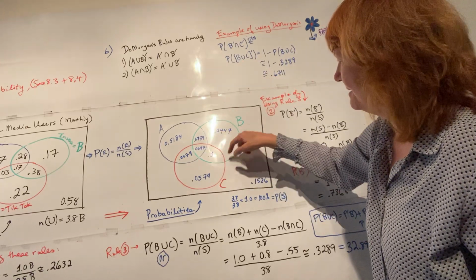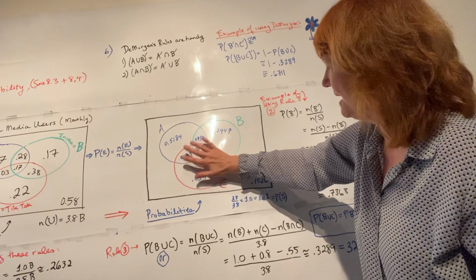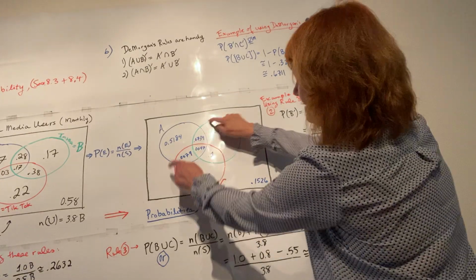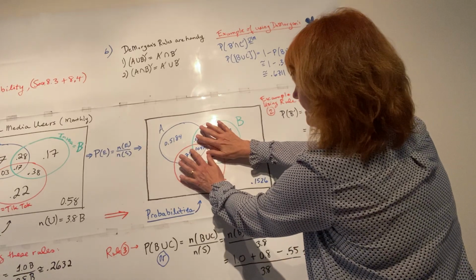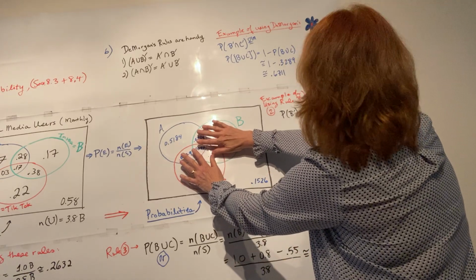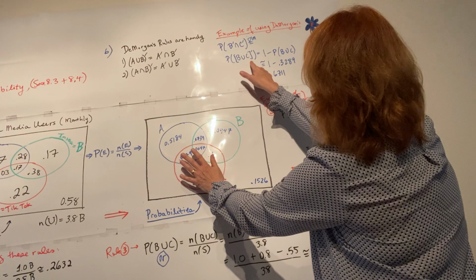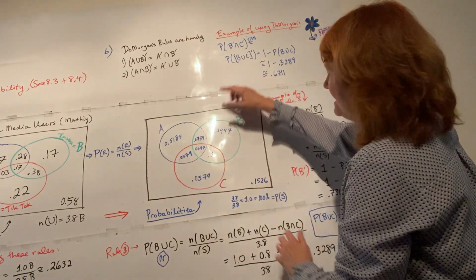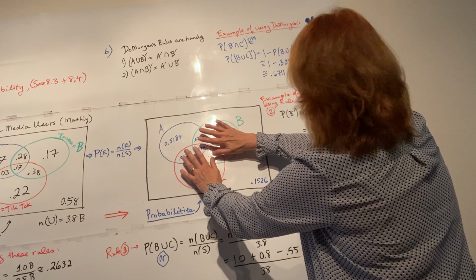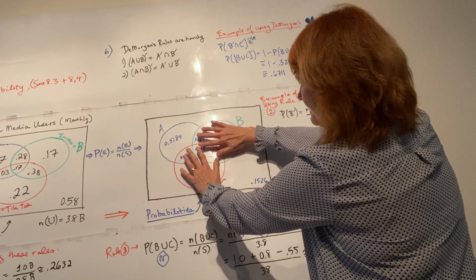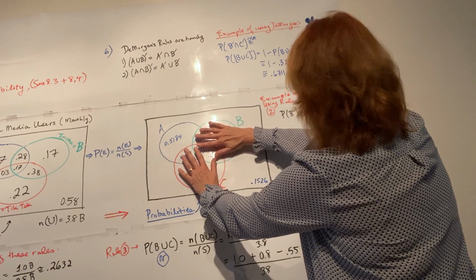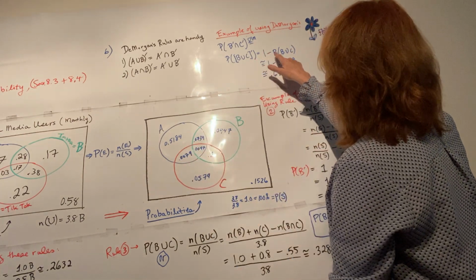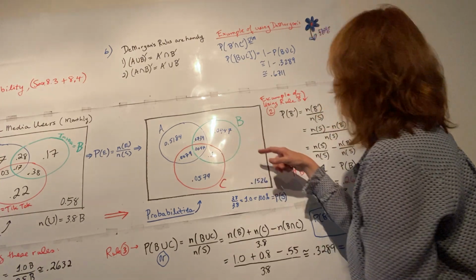Well, that's if you take everything that my hands are covering up, and here's B union C, right? If I cover that up, what's left is B union C complement, right? So the probability of finding something that's in this part that I have not covered up is the same thing as 1 minus the probability of B union C itself, which we'd already found.